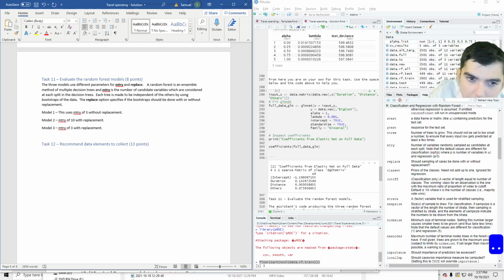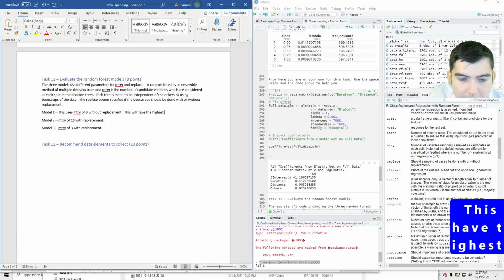And it's a good idea to explain what would be the impact of these. For example, this one uses mtry of 3 without replacement. Well, just think, if mtry is really high, it means that you have more variables.